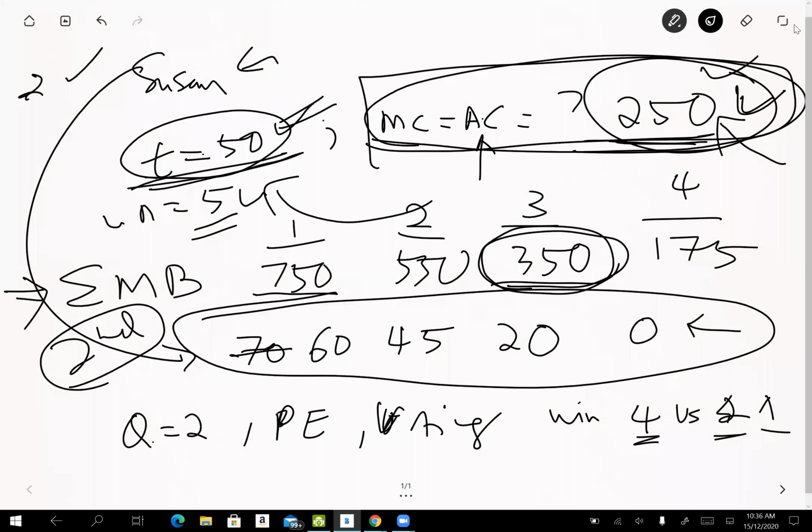If you increase the tax to 75, because 350 divided by 5, you got 70. If I use 70, then you have the equilibrium, but you have a different outcome.